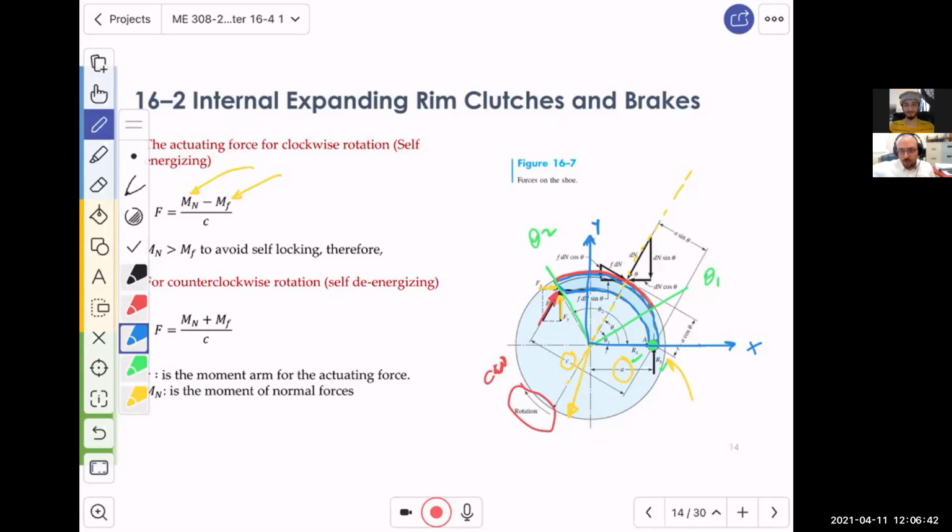You can just put theta 1 as 0. How? By shifting the coordinate system.